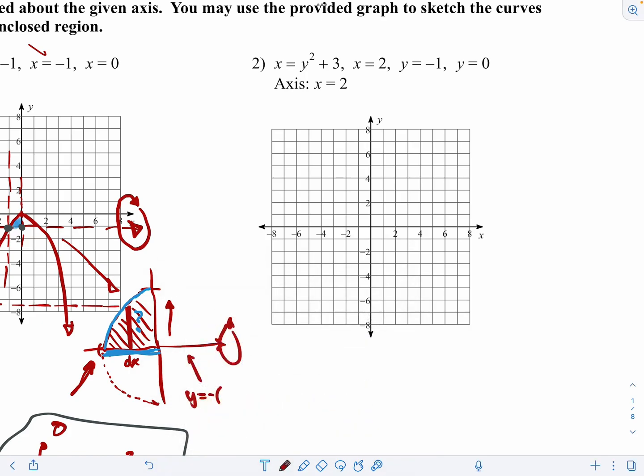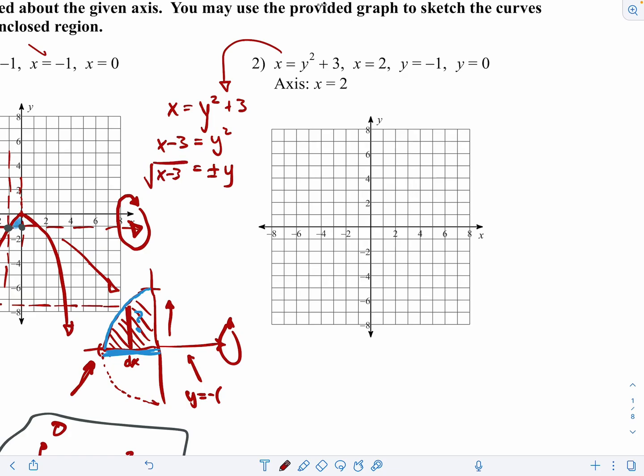Let's do the hard stuff first. If x equals y squared plus 3, I know it's going to be parabolic, but it's hard to think about where the shift is. So here's what I do. If in doubt, work it out. If x equals y squared plus 3, then x minus 3 equals y squared. And if we take the square root, that's plus or minus y equals the square root of x minus 3.